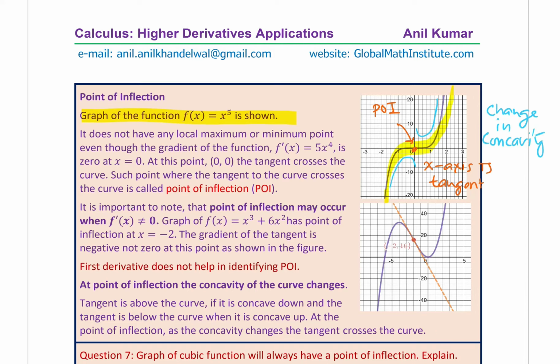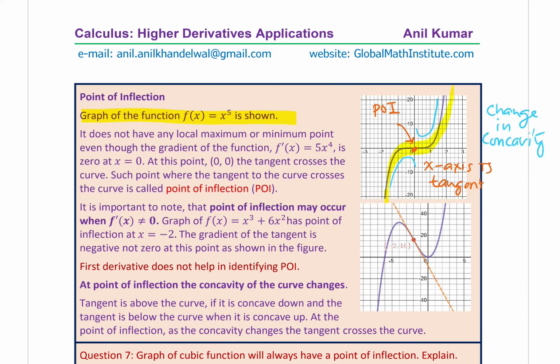And so we have a stationary point here, right? The stationary point is at x equals 0, since the derivative f dash x is 0 for x equals 0.